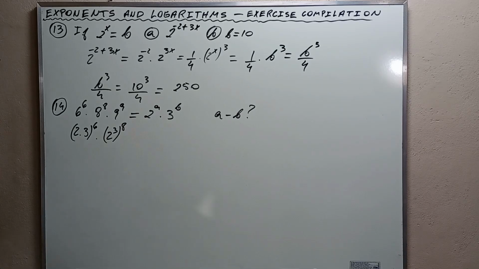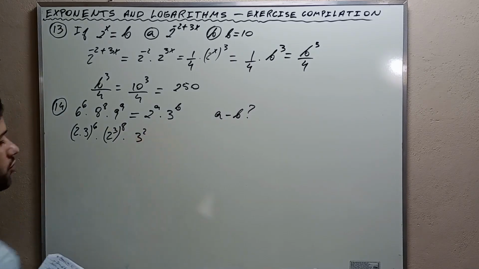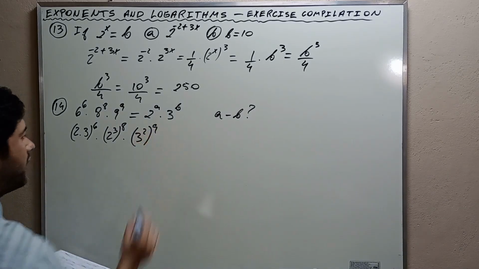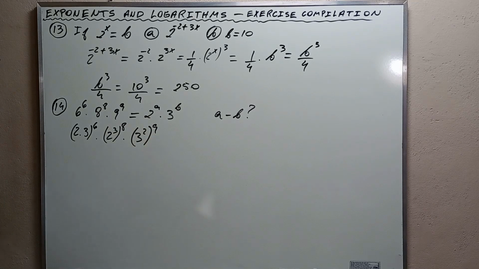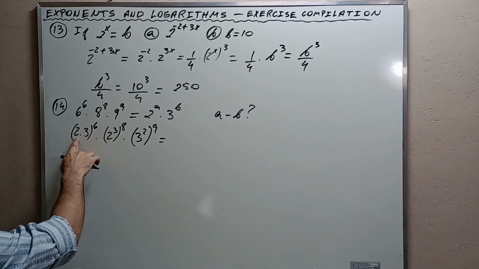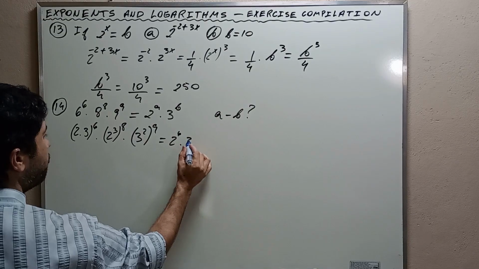And how about 9? 9 is 3 squared. We substitute 9 by 3 squared to the 9th. And then in this part here, we know that it can be converted to 2 to the 6th times 3 to the 6th.